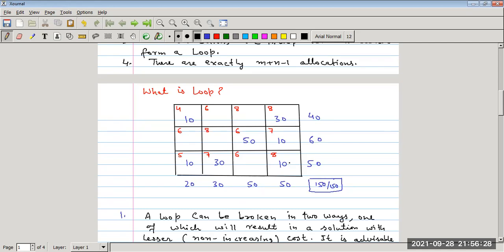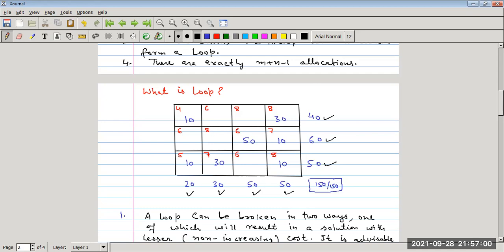What we check is that it satisfies all the supply and demand constraints. 30 plus 10, 40, it is satisfied. 10 plus 10, 20, it is satisfied. 30, it satisfies the column. 50 plus 10, 60, it satisfies the second supply. Now 30 plus 10, 40, plus 10, 50, again it satisfies the third supply point. 50 satisfies the demand point. 30 plus 10 plus 10 is again 50.